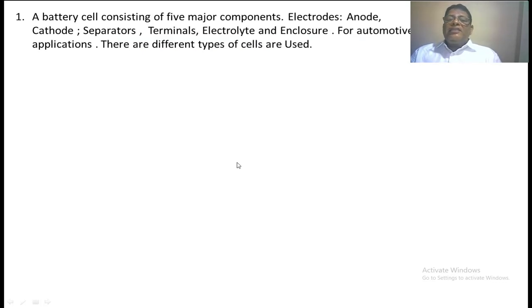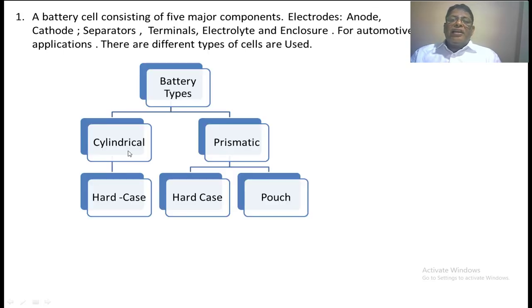We know that a battery cell consists of 5 major parts. One is the electrodes, which has an anode as well as a cathode. Both anode and cathode are separated by the separator, then terminals, electrolyte, enclosure. Practically, we are using three types of batteries. One is the cylindrical battery, another one is the prismatic battery.